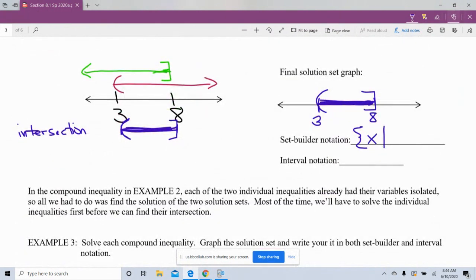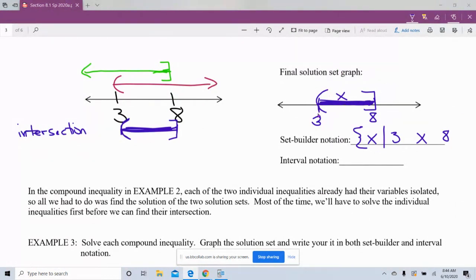And so here it's going to be 3, then x, then 8. So all these numbers in between are your values of x, right? And you don't need to write that x right there, but I'm just trying to show you that these are all the values that x could be that will satisfy both of the original inequalities that are in the intersection of those 2 original inequalities.